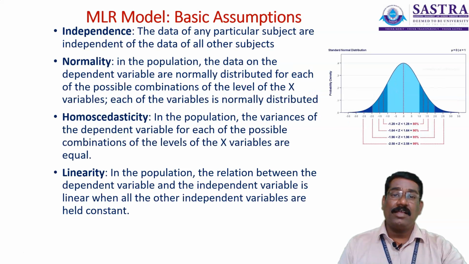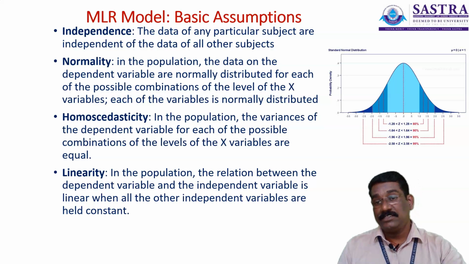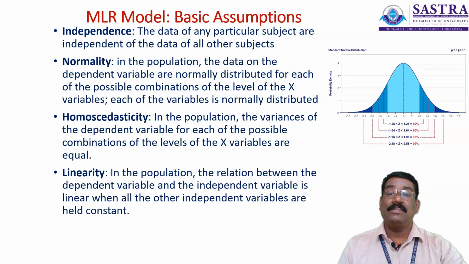The basic assumption of multiple linear regression analysis is independence: the data of any particular subject are independent of the data of all other subjects. Also, we need to check the normality of the data using SPSS.